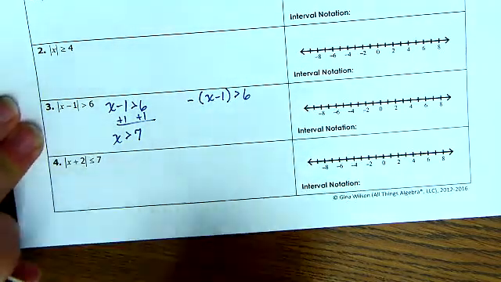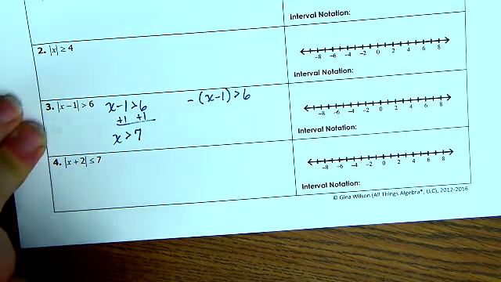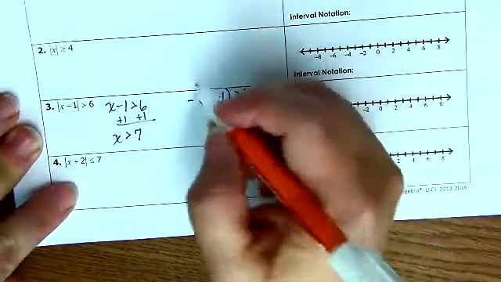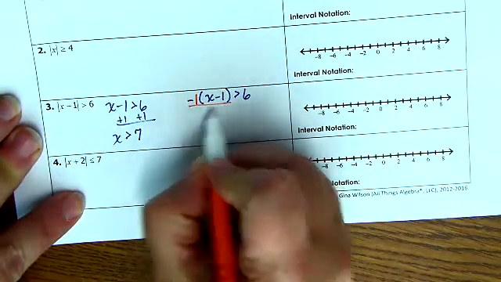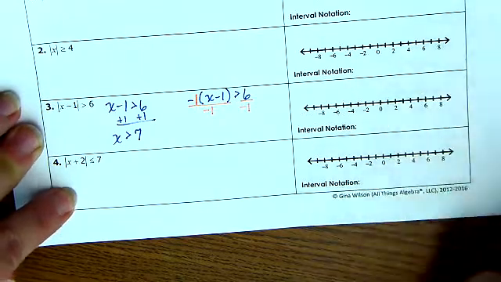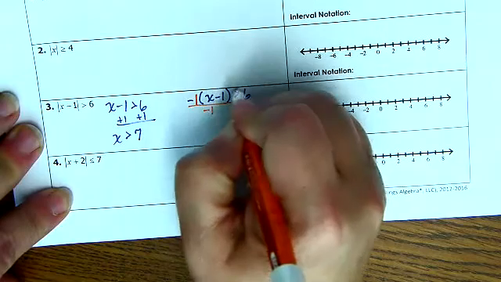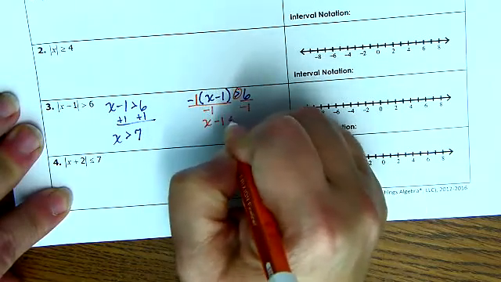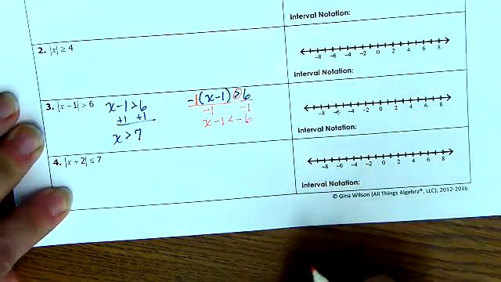All right. Now, let's look at the next case. Well, you're like, wait a minute, where did this negative come from? What do I do with this negative that's on the outside? Remember, that's like a -1, correct? So I'm going to divide by -1 on both sides, or you can distribute it and solve. I like to get rid of it on the outside first. So now we flip this. So I have x minus 1 is less than -6.